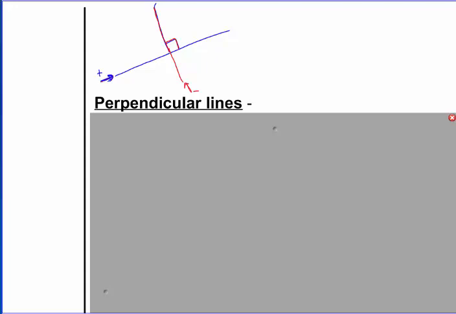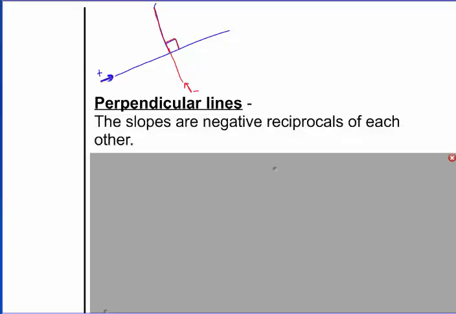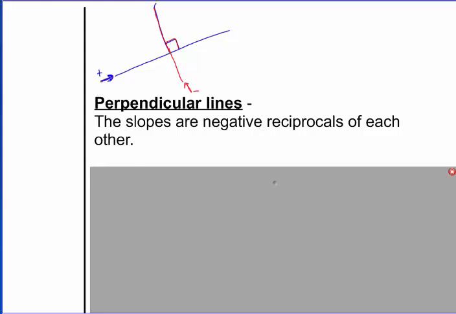So the idea with getting perpendicular lines is that the slopes are negative reciprocals of each other. So you have to change the sign, that's the negative part, and the reciprocal means flip it. Okay?